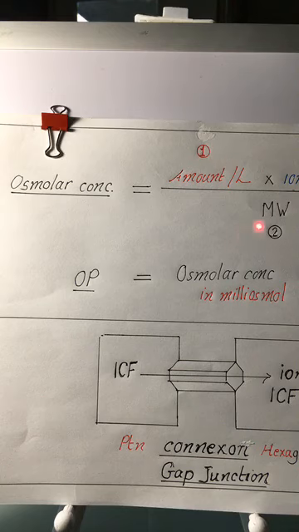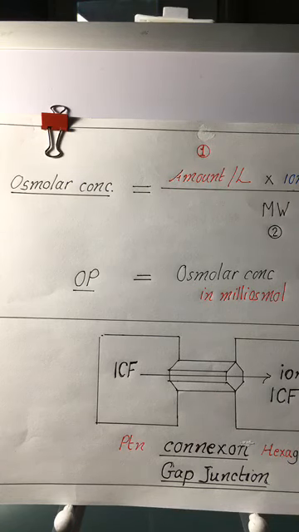Then you divide by the molecular weight for glucose, which is 180. It will be shown in the problem. Don't worry, they will give you the molecular weight. You don't have to remember it. In the case of glucose, the amount per liter was 360. Every molecular weight, which is 180, will give you 1 osmol. Then 360 divided by 180 will give you 2 osmoles.